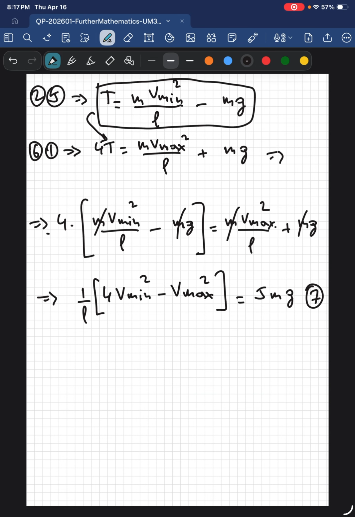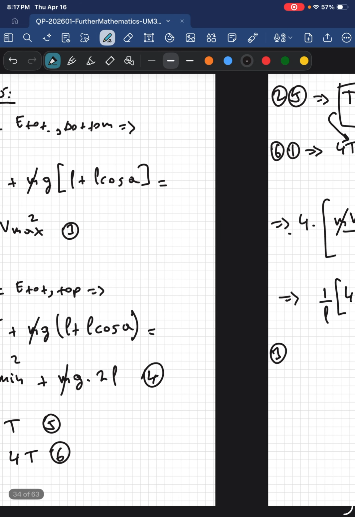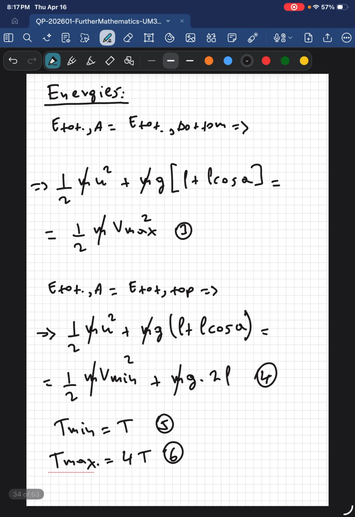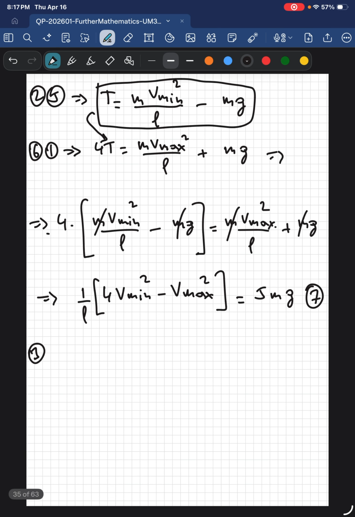From equation 3, the equation for the energy, we get u squared over 2 plus 9gL over 5 is equal to V max squared over 2.